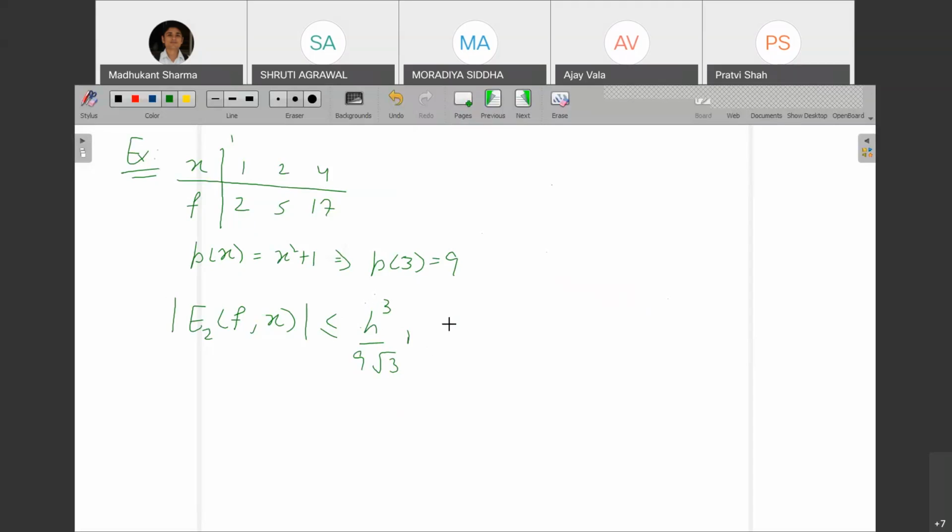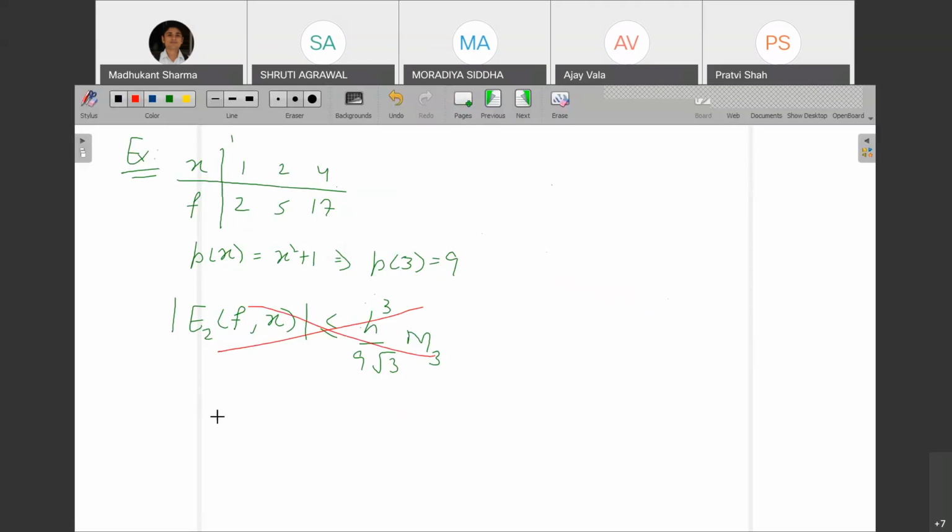Okay, but this result was for equispaced data. If you note down the table, these are not equispaced, because the length from 1 to 2 is 1 and from 2 to 4 is 2. So this is not equispaced data, so we can't work with this formula here. We need to go for it in terms of x only, and identify the possible maxima.